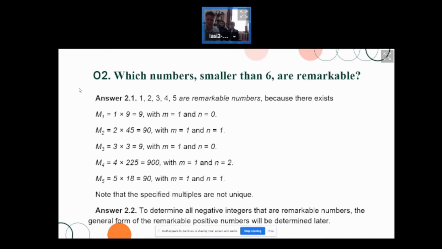Note that the specified multiples are not unique. To determine all negative integers that are remarkable numbers, the general form of the remarkable positive numbers will be determined later.